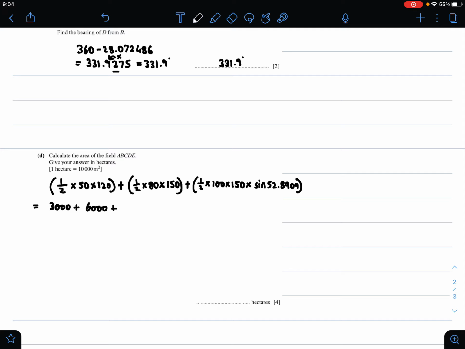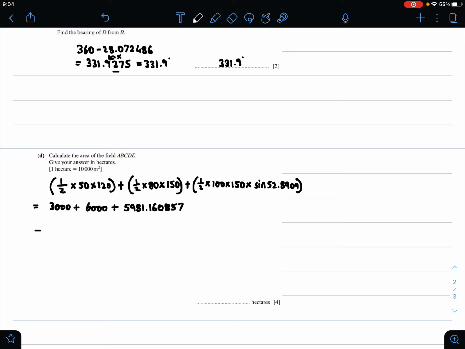plus 100 multiplied by 150 multiplied by sine of 52.8909 multiplied by half is equal to 5981.160857.